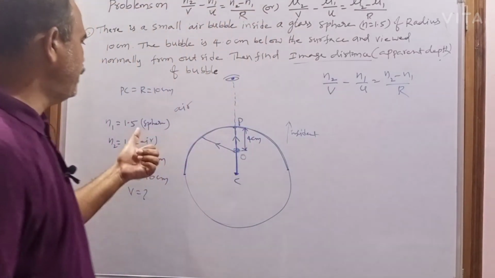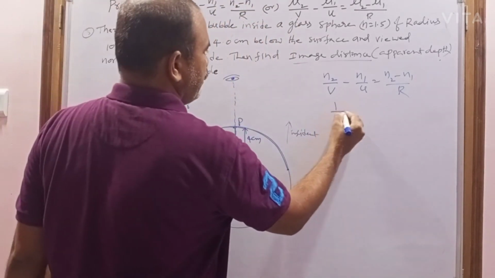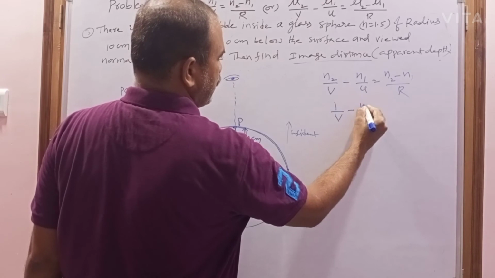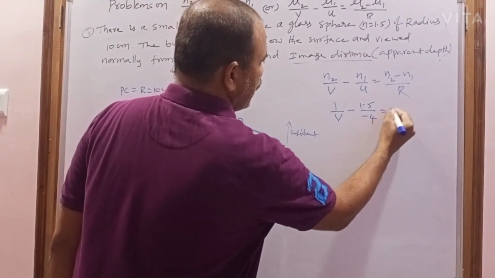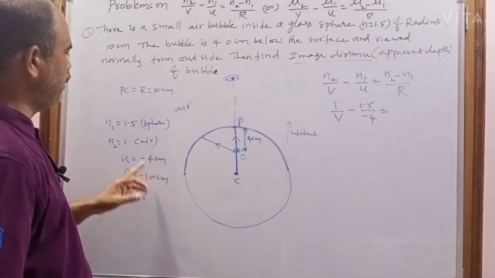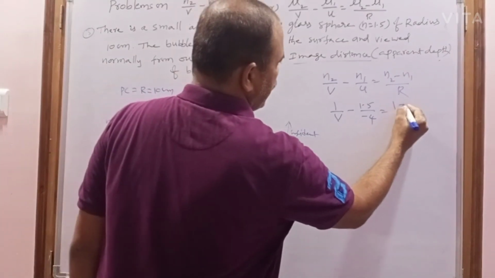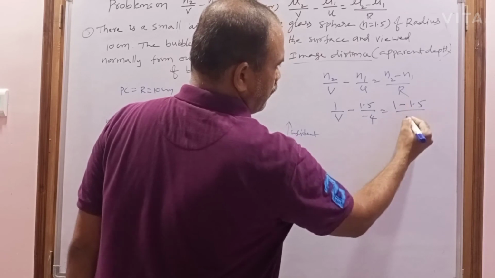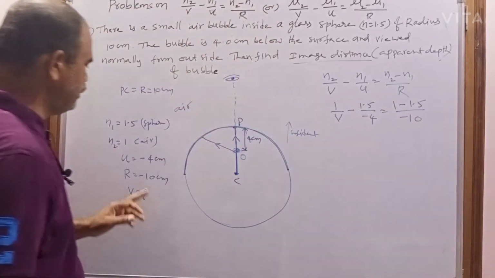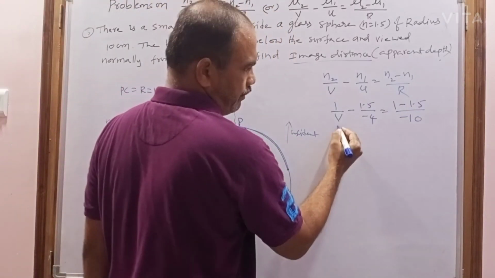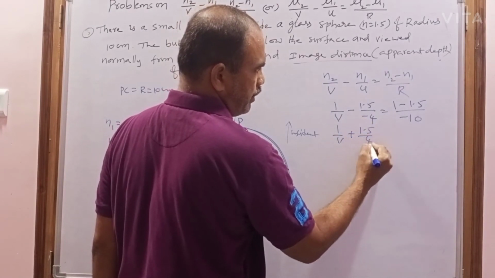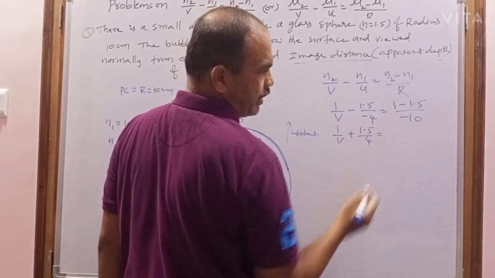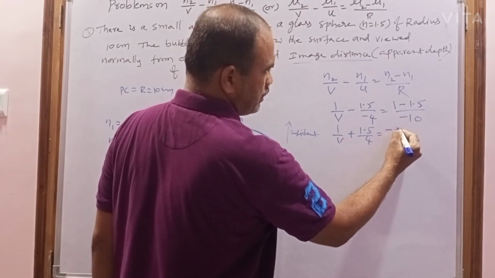What is n2? n2 is 1, so 1 by v, which is unknown, minus n1, which is 1.5, by u, which is minus 4, equals 1 minus 1.5 by r, which is minus 10. Now when we simplify, 1 minus 1.5 is minus 0.5.